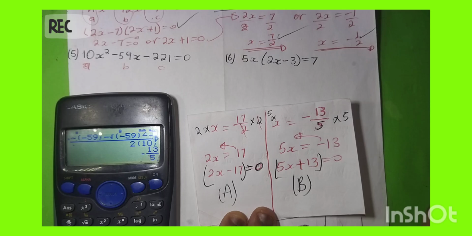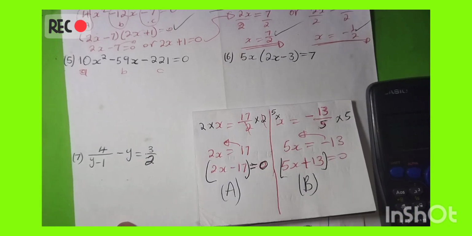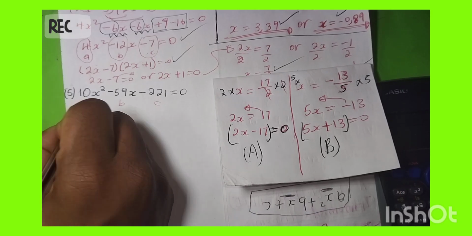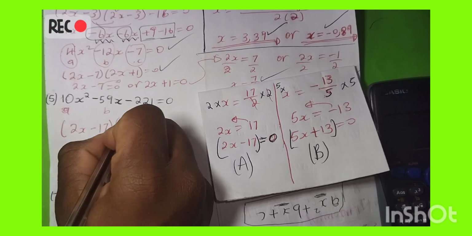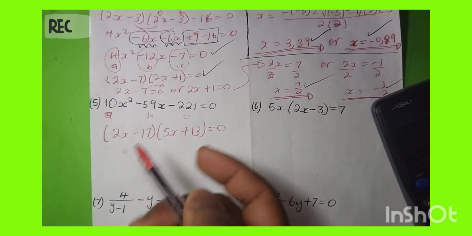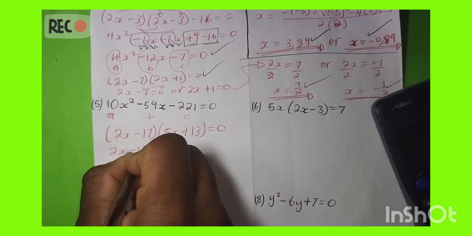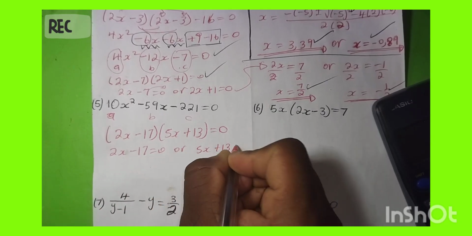So it simply says that I can factorize that by using a cheating method. This is what I will do now. I will say open 17x, open 5x plus 13. Now I can apply the zero law, which simply says that I will equate each bracket to 0. Say 17x is equal to 0, or 5x plus 13 is equal to 0.